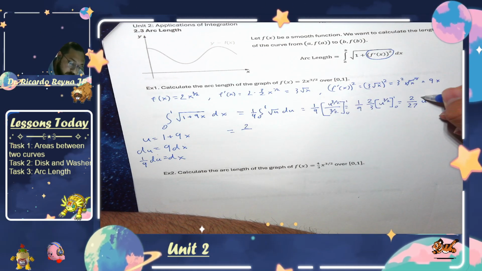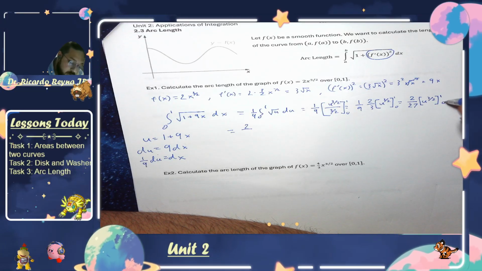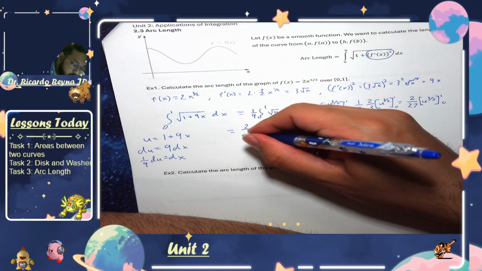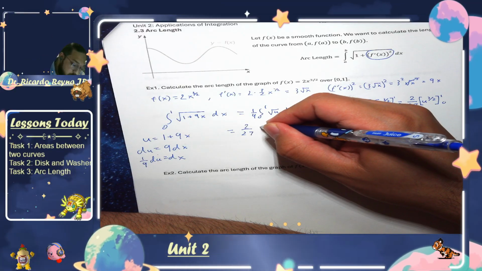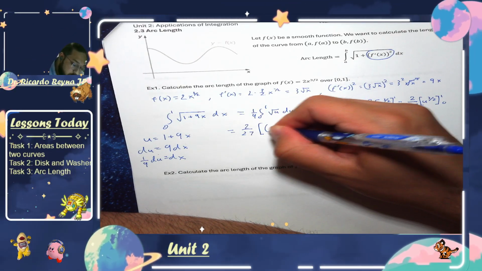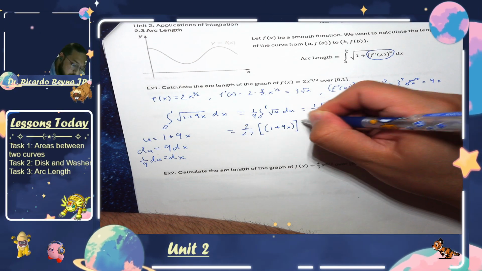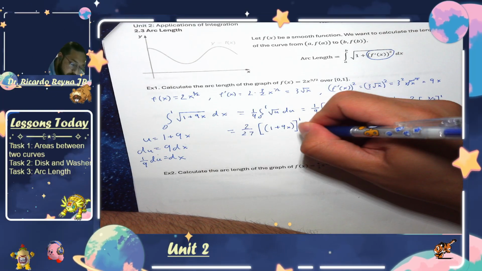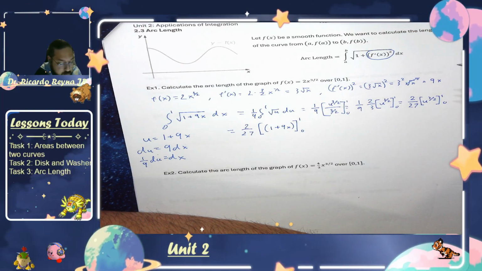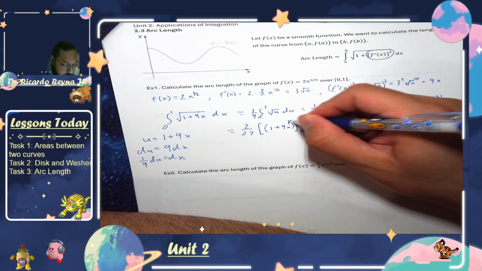And then now, filling the whole thing plus 9x, 1, 0. Okay. Oh wait, power 3 over 2.